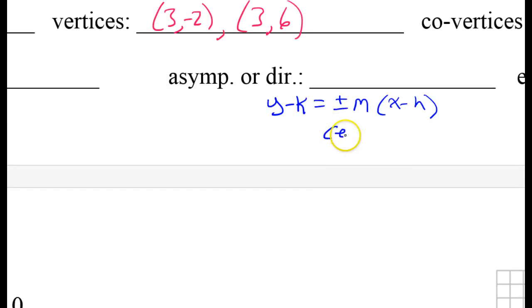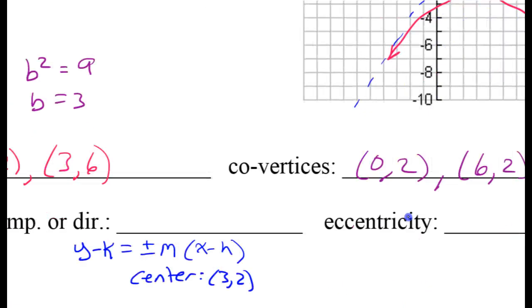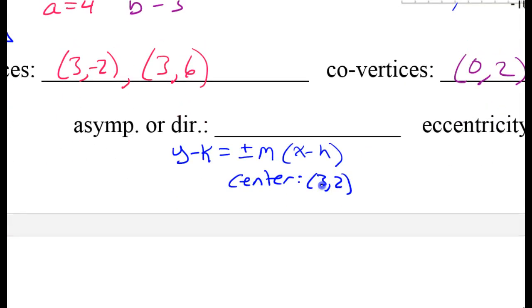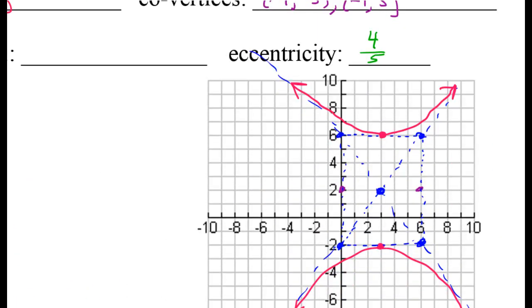Since the center is 3, 2, then I'm going to put 3 and 2 in for h and k. So let's see, the k, that's the 2. So I'm going to have y minus 2 is equal to plus or minus m, the slope. So look at this portion of the graph, for example. All right, the portion of the graph that goes right here.